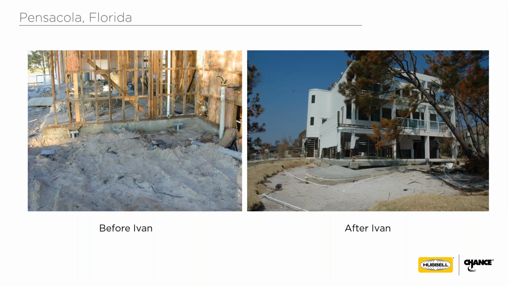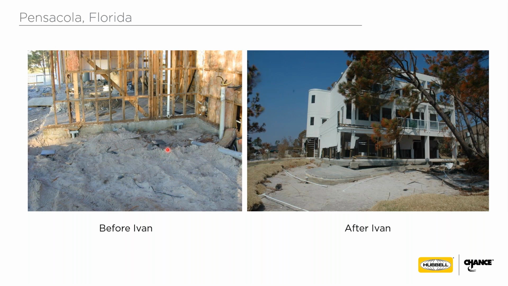All right, this is a home in Pensacola, Florida, that we had before and after pictures of Ivan. So this home, they were doing a major addition renovation to it. So in order to get the permit to do the addition renovation, they had to make it pile supported. So in this picture on the left, you can see the underpinning piles were the existing structure they underpinned to make it pile supported. And then in the foreground, you can see some new construction piles where they were doing an addition here.